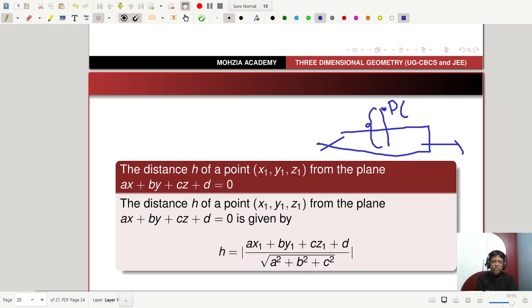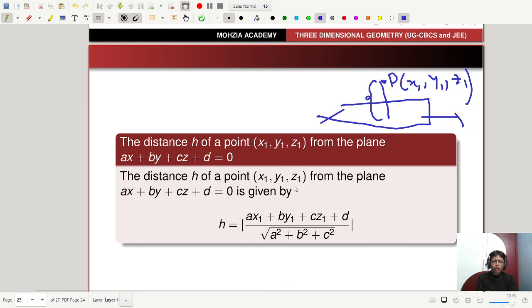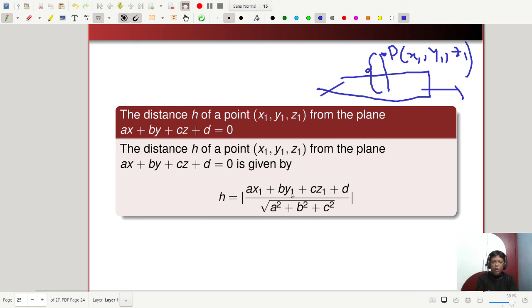If the point is x1, y1, z1, then the perpendicular distance is given by the modulus of ax1 plus by1 plus cz1 plus d, over the root of a square plus b square plus c square. It's just the simple generalization of the two-dimensional concept.